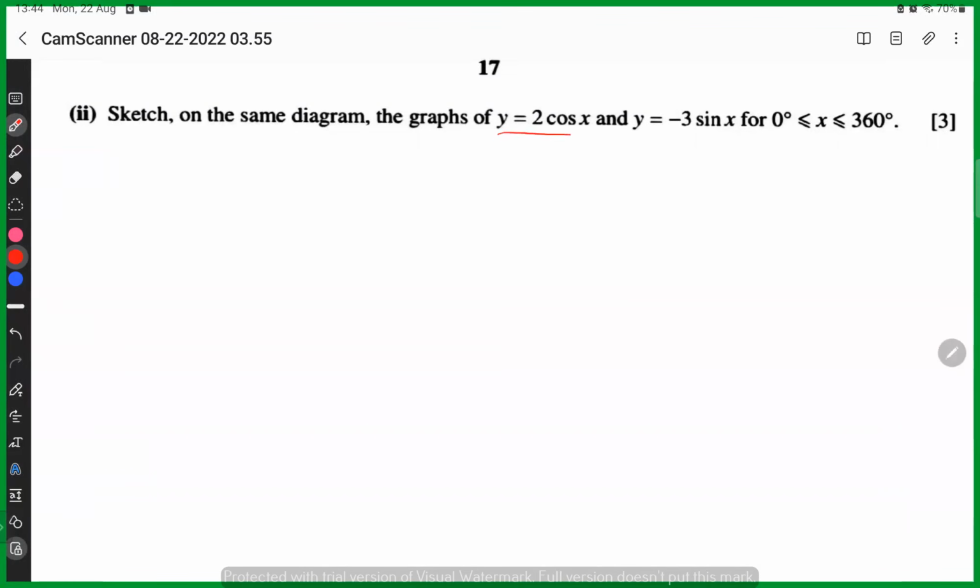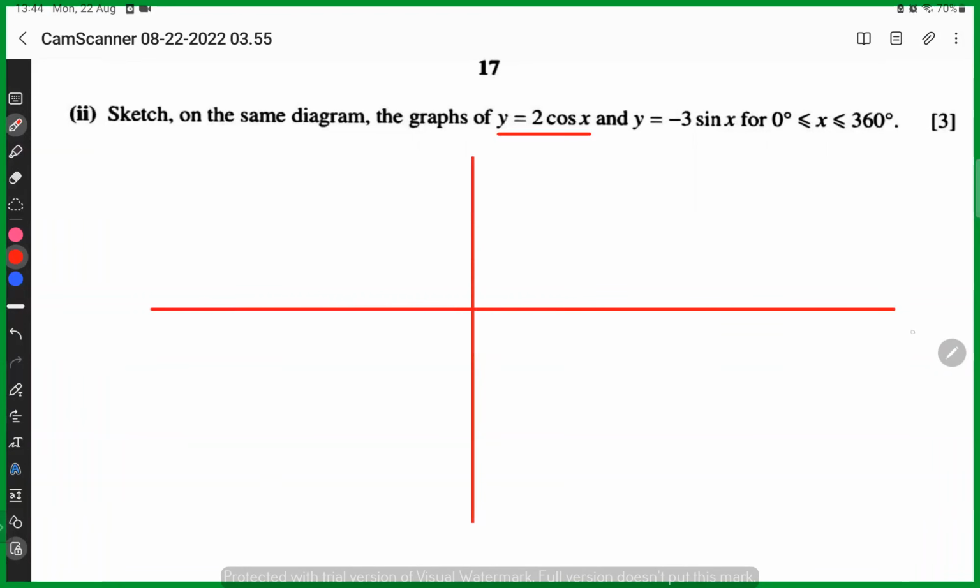Let's make this, and then we will make the other one. Okay, so let me make an axis. This is my y-axis. Then this is my x-axis. Okay, so I'll use blue for 2 cos x and pink for minus 3 sin x, but we will talk about it later on.